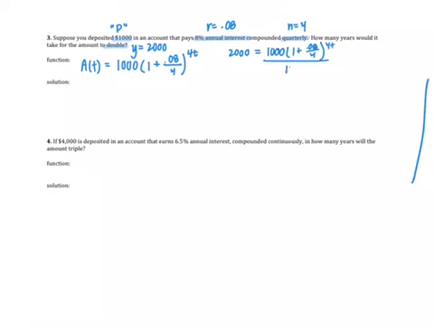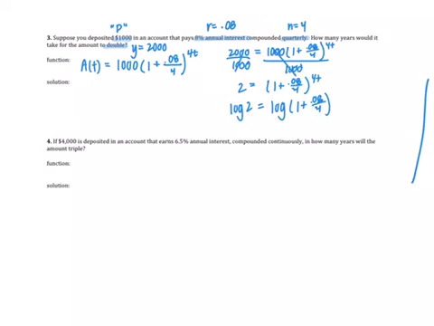Divide both sides by 1,000 first to get the base by itself. That's just going to give me 2 is equal to 1 plus 0.08 divided by 4 to the 4t. Then I'm going to take the log of both sides. Remember that you could use natural log. It really doesn't matter right here.